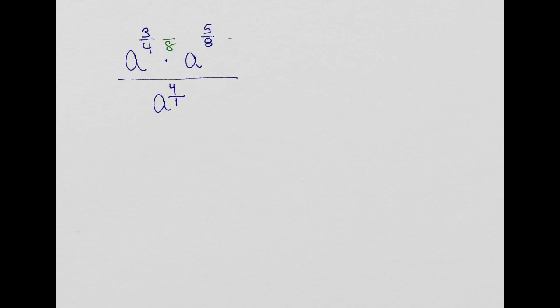So I'm going to switch each of these to be 8. 1 times 8 is 8. 4 times 8 is 32. 4 times 2 is 8. 3 times 2 is 6. And this one was already 8. So now I have a to the 6/8 plus 5/8 over a to the 32/8.